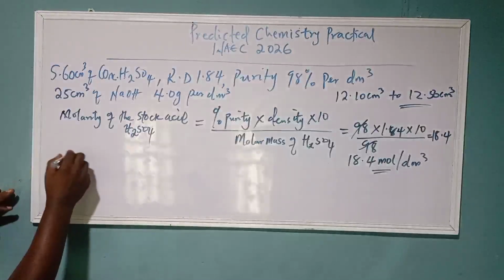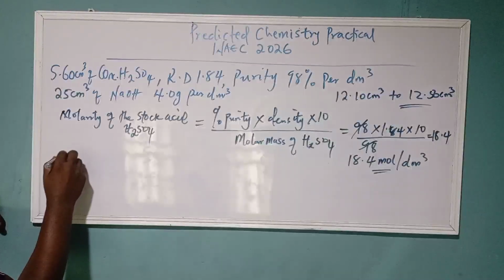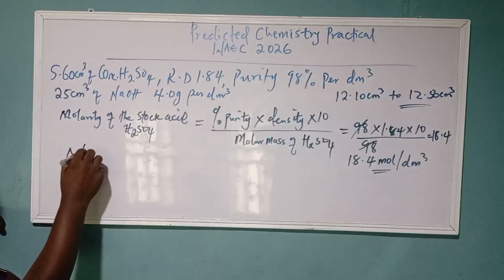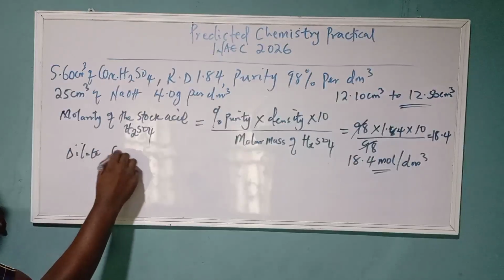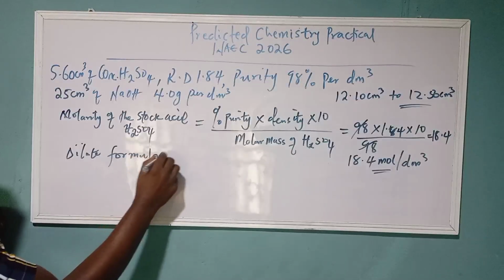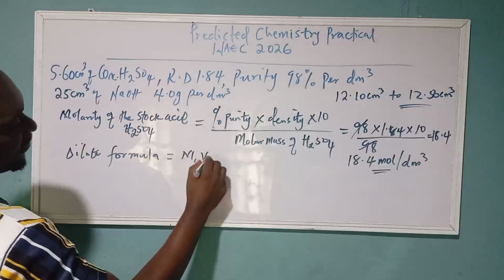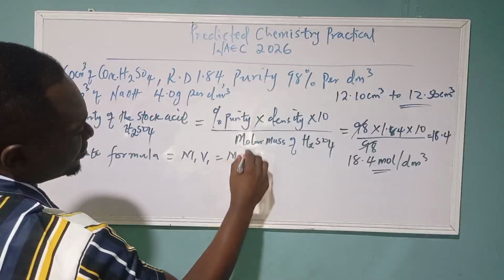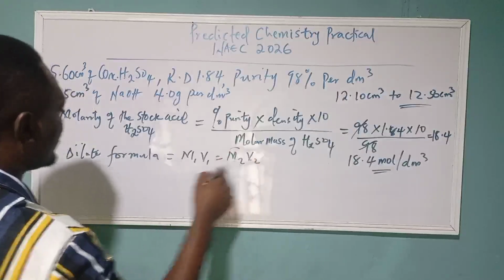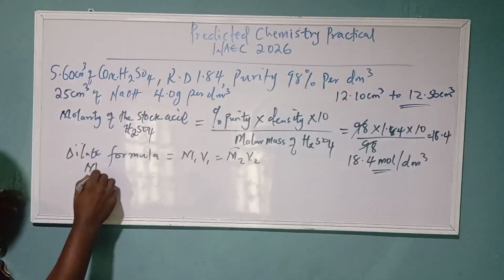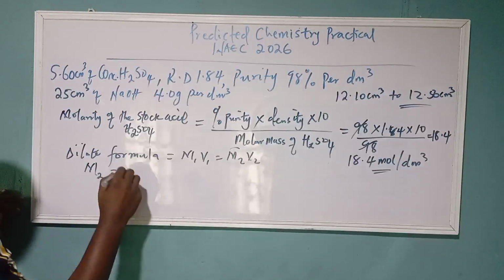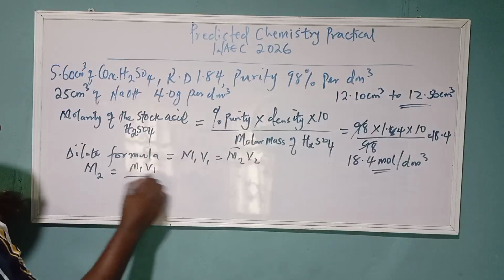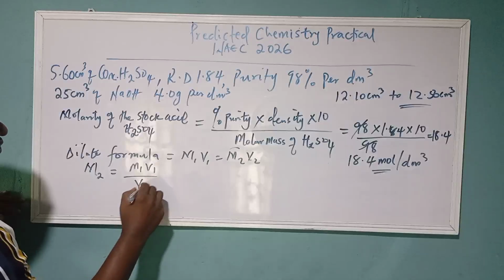So we're going to be using the dilution formula, which says M1V1 is equal to M2V2. M2 is what we are looking for, finally, the molarity of the acid, so it will give you M1V1 over V2.